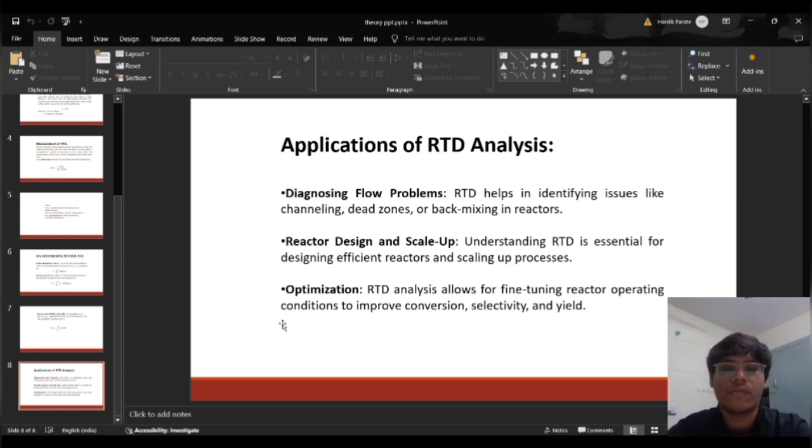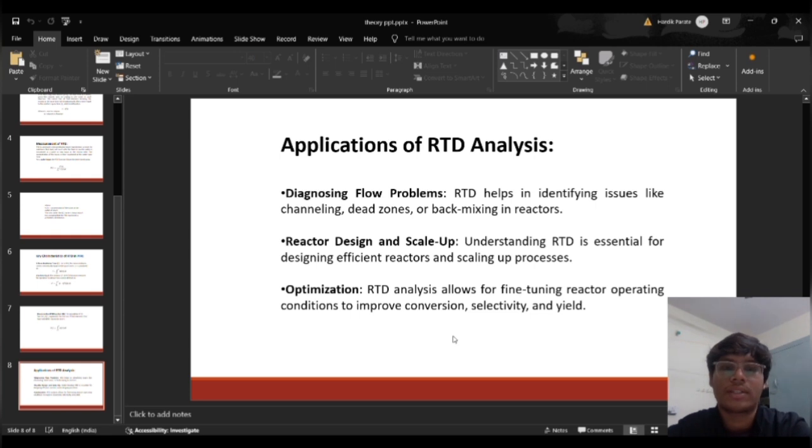The RTD curve for a CSTR is an exponential decay, indicating that some fluid elements exit immediately while others stay much longer. In contrast, an ideal PFR has a very sharp RTD curve, while real world PFRs will have something in between, a narrower curve than a CSTR, but not a perfect spike.